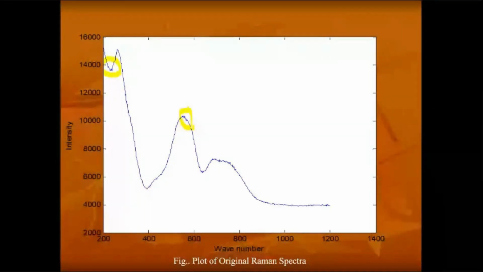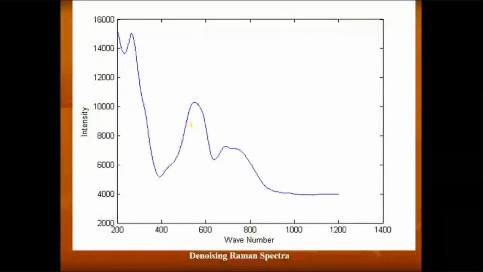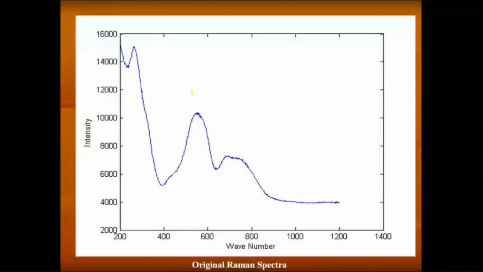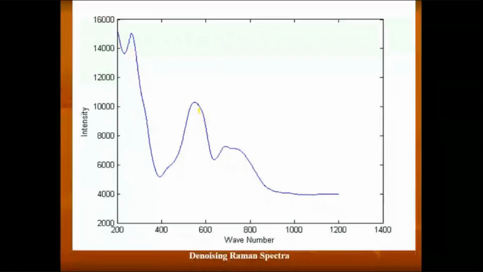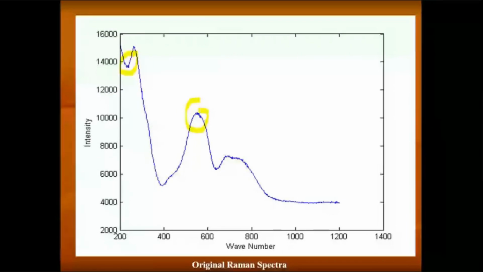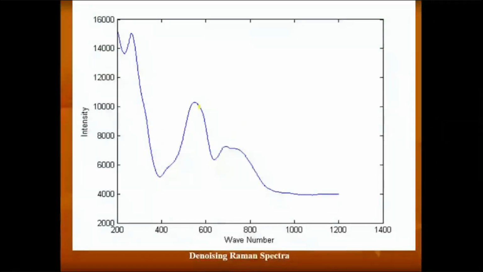So this is another example of the wavelet. Here we can see the noise is also in this part, but here the normal curve is given. So these are the examples for the denoising of the Raman spectra.